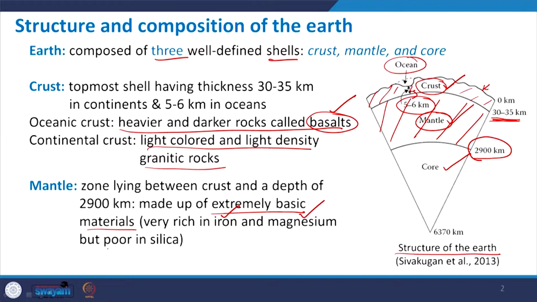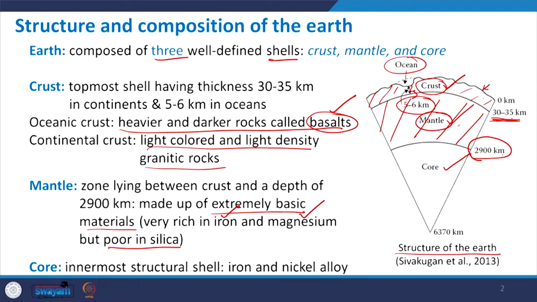However, it is poor in silica. So keep in mind that in the crust portion, we have basalt or granitic type of rock. However, in the mantle, this material is rich in iron and magnesium, but poor in silica, and the thickness varies from 30 to 35 kilometers to 2900 kilometers towards the center of the earth.